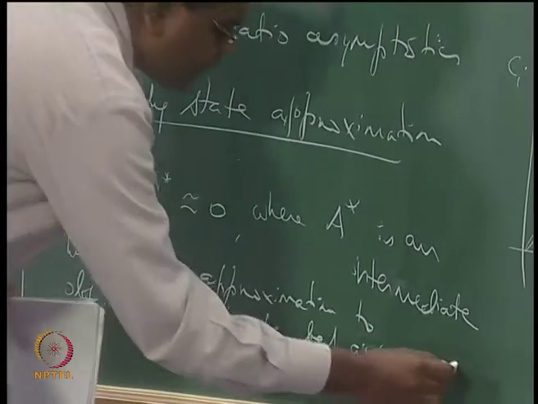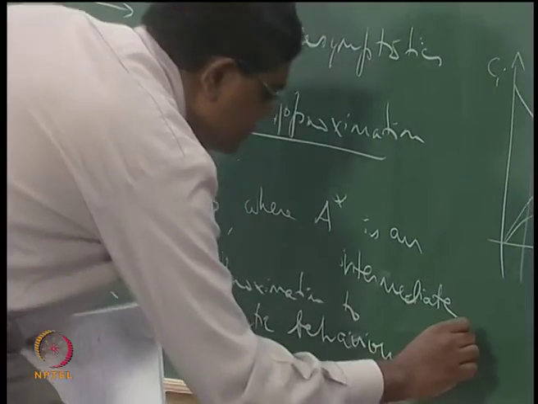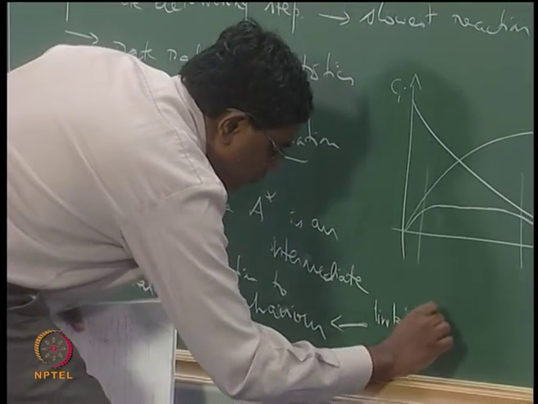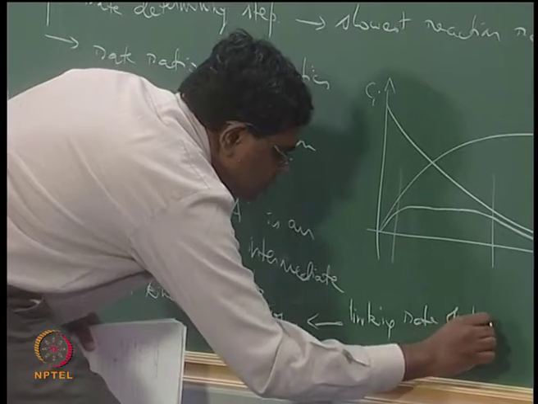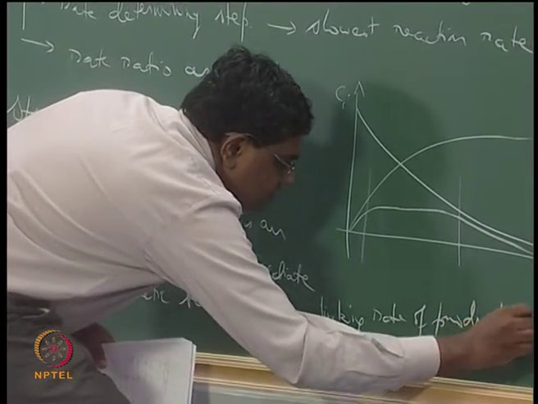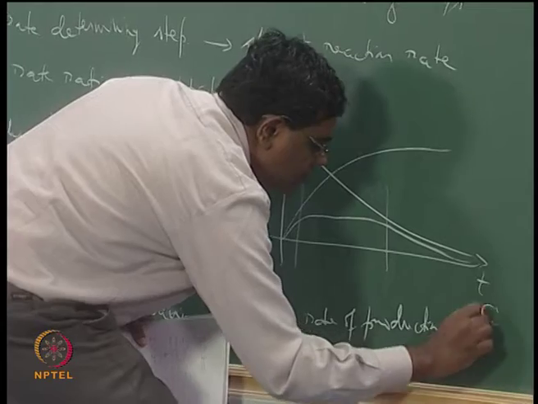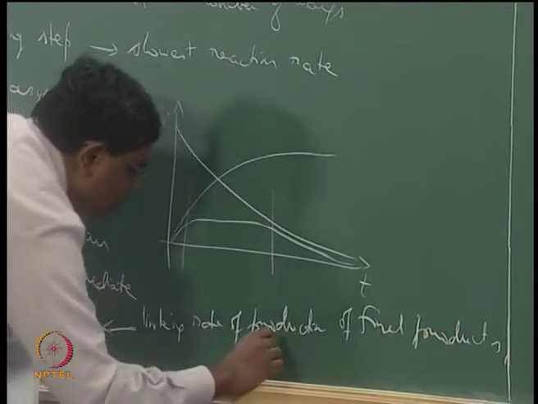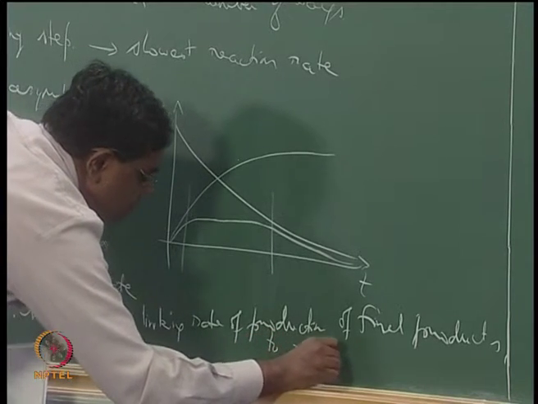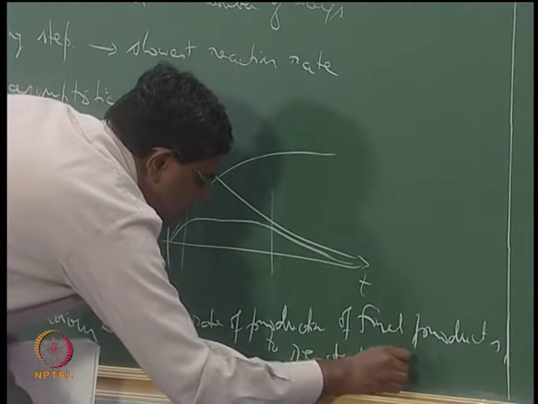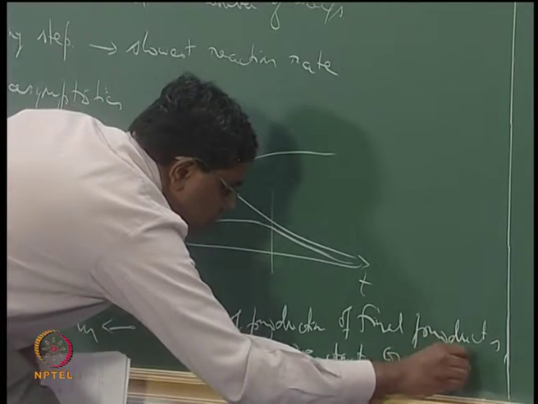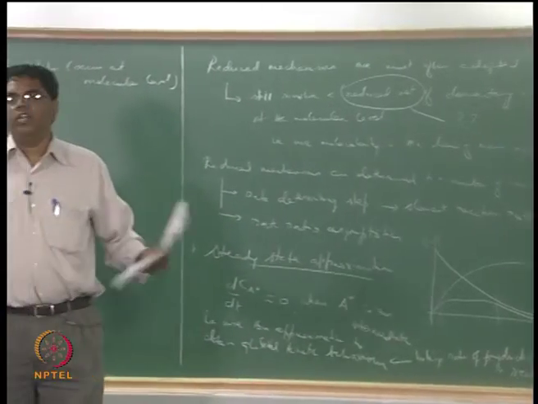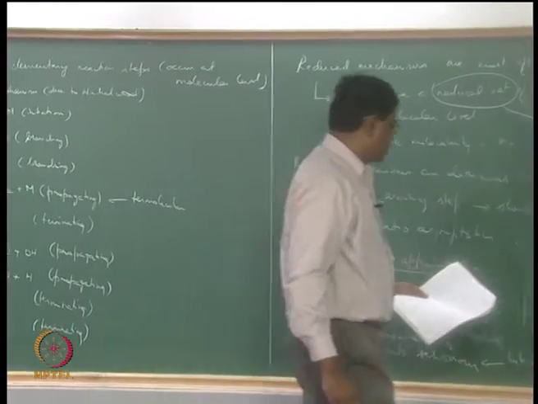That's linking the rate of production of final products to reactant concentration. That's the global kinetic behavior.